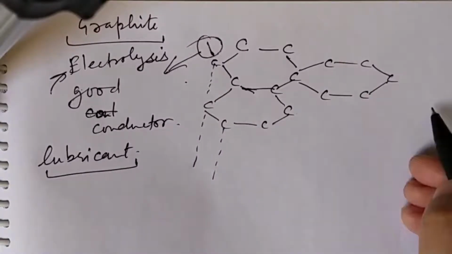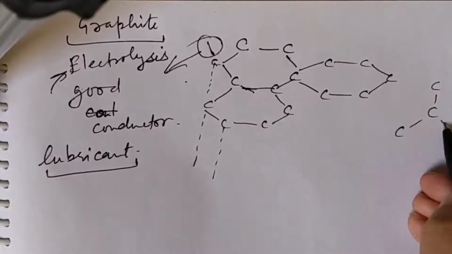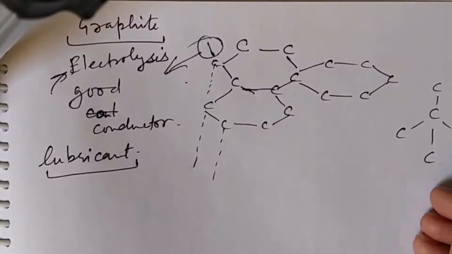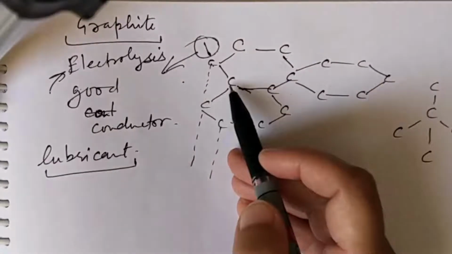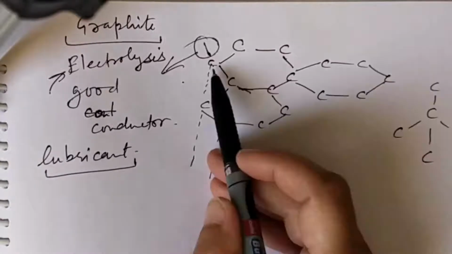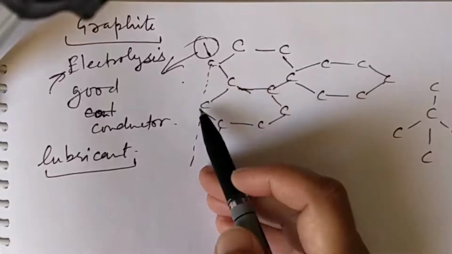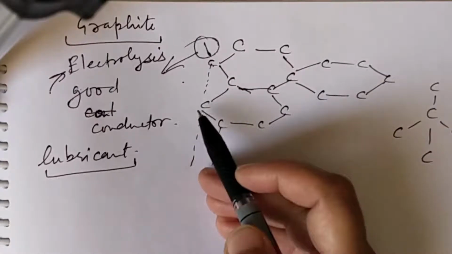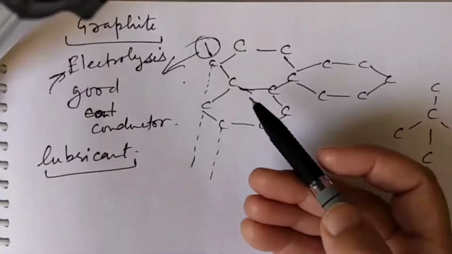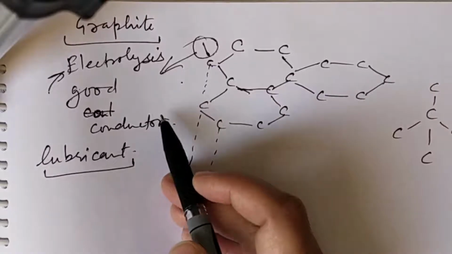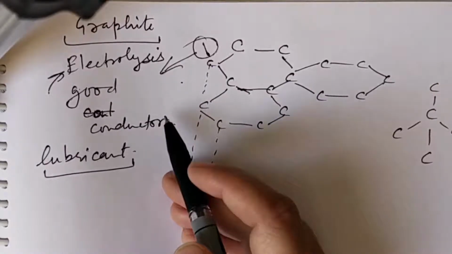In diamond all four valencies are occupied with four respective carbon atoms in the formation of four covalent bonds, but in graphite only three valencies form three covalent bonds, and the fourth valency is free, which is why it acts as a good conductor of electricity and is used in the process of electrolysis.